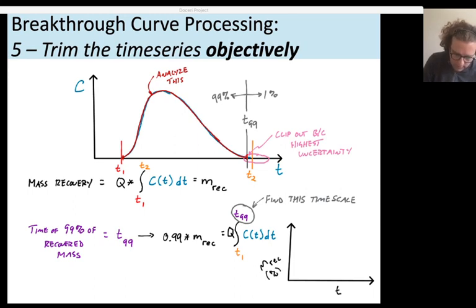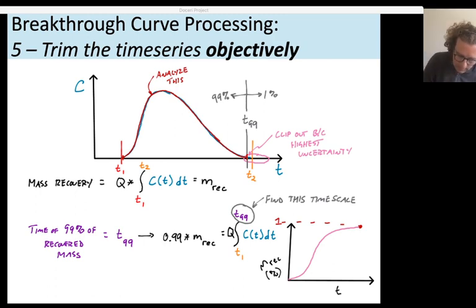One other strategy to do this, if you actually plot mass recovery as a percentage of its total through time, you'll almost certainly get a curve that looks like this. You could do that with a trapezoidal integration of the data set, for example, where the ultimate value here would then be at a value of 1 for 100%.